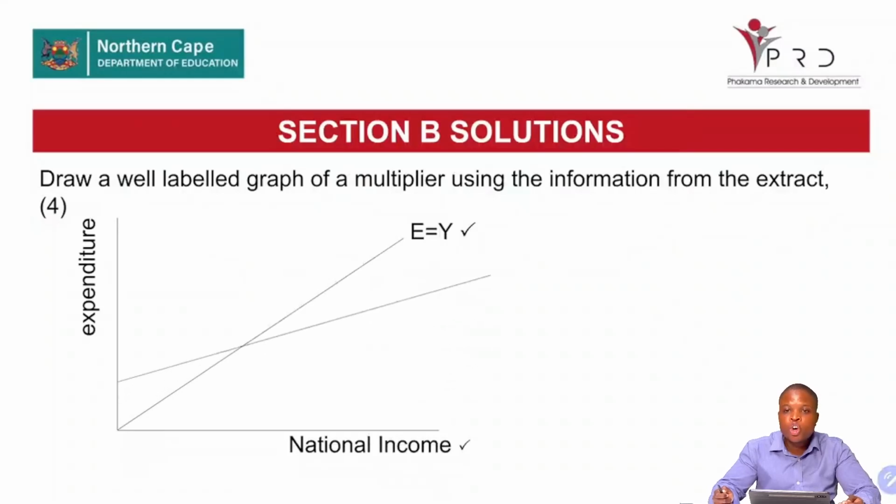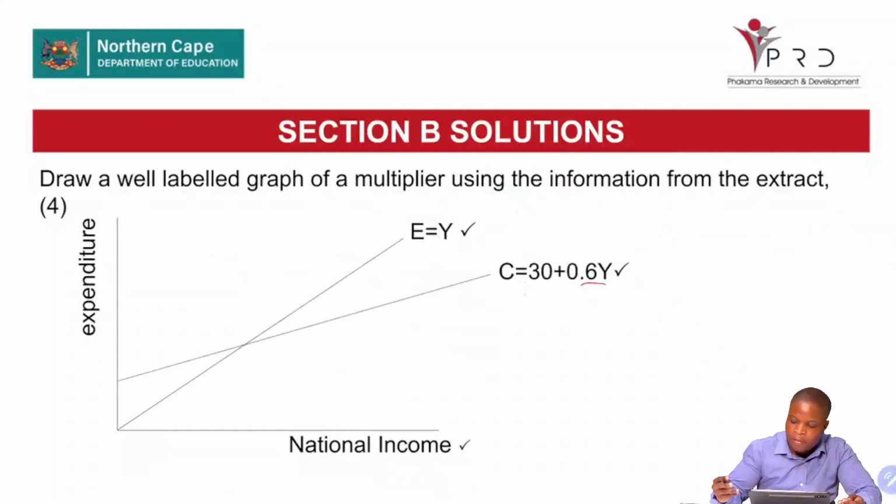Then you put your consumption function because they're giving you 30 and an MPC of 0.6. You write consumption equals 30 plus 0.6Y, where 0.6 is your MPC, and the 30 is autonomous spending.